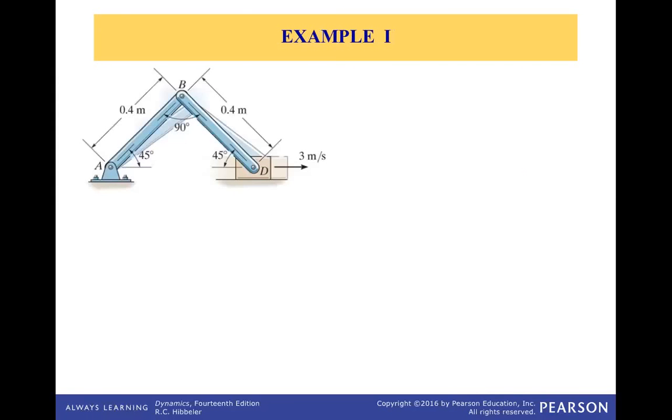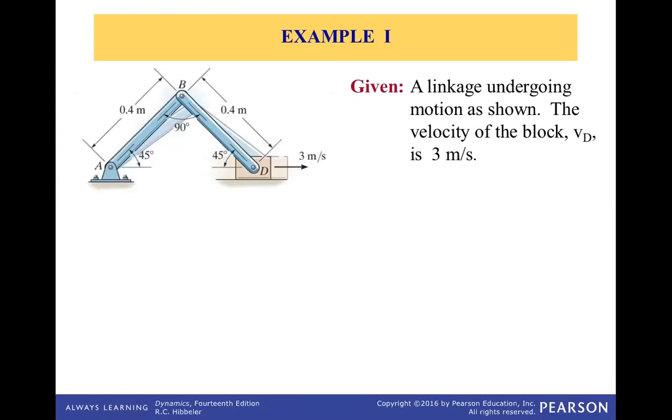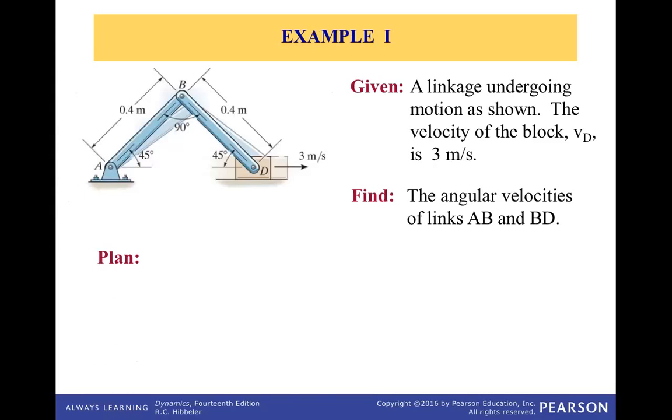Now let's take a look at a couple of examples. The first one says the linkage is undergoing motion as shown here. The velocity of the block, VD, is 3 meters per second. Find the angular velocity of links AB and BD.